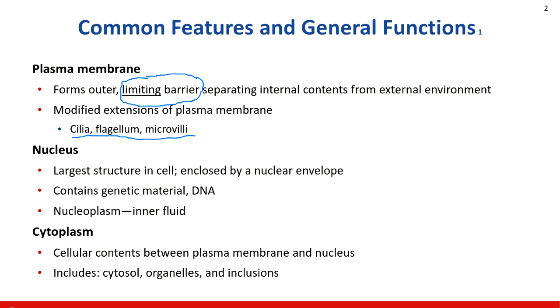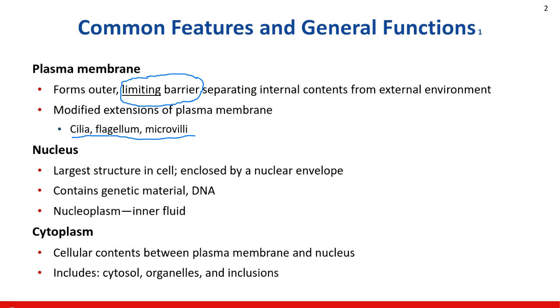For example, in the digestive tract, you have these villi, these projections that come off of the small intestine, and those villi are lined with these small epithelial cells, the simple columnar epithelium, and they have microvilli there to increase the surface area for digestion.